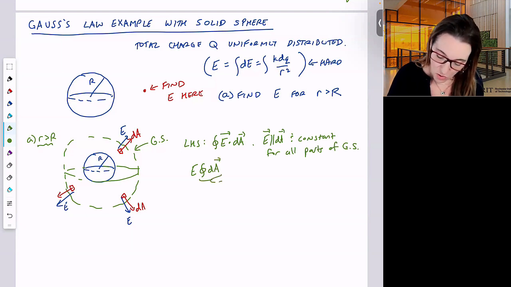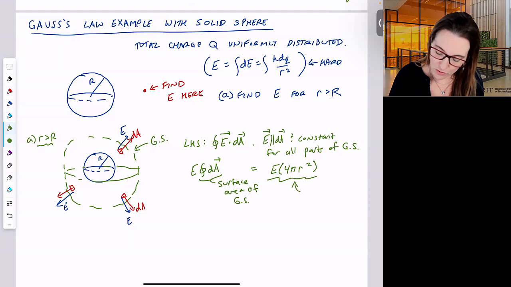This is always the surface area of the Gaussian surface, which gives the same result we derived previously: E times 4 pi r squared.